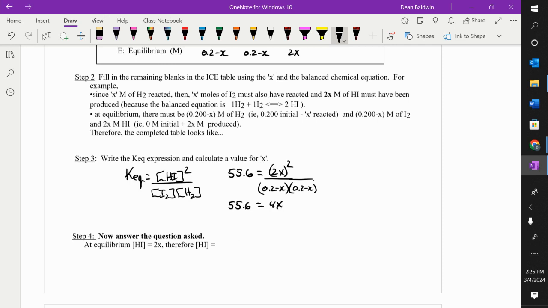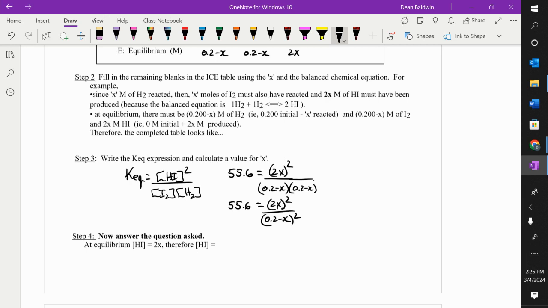The top, I'm going to leave as 2X squared. What can we do to solve this? Don't expand it and create a quadratic, people. You can if you really want to, but don't do that.